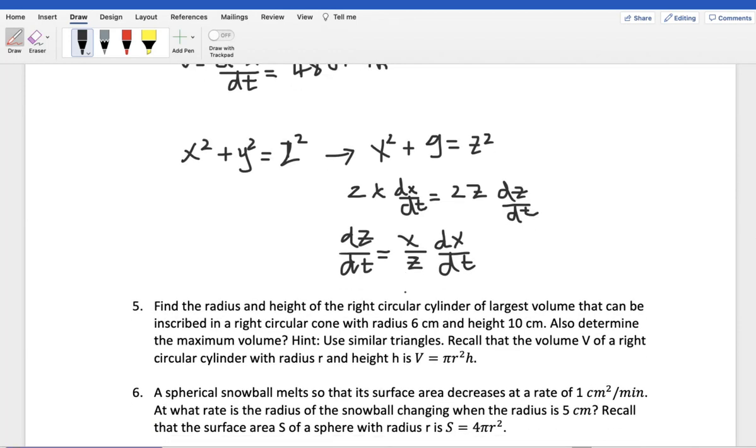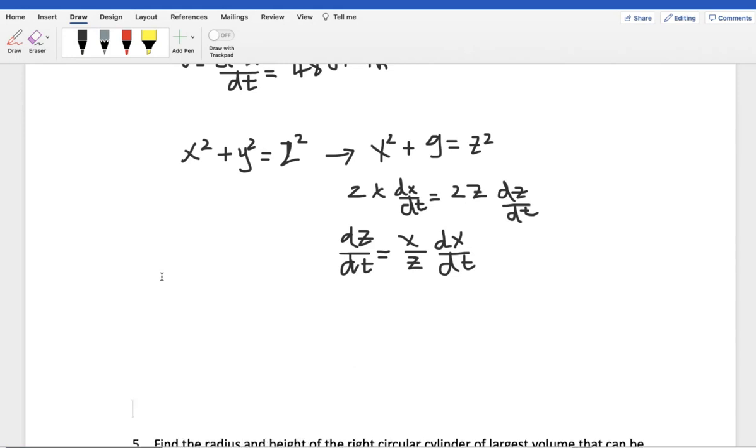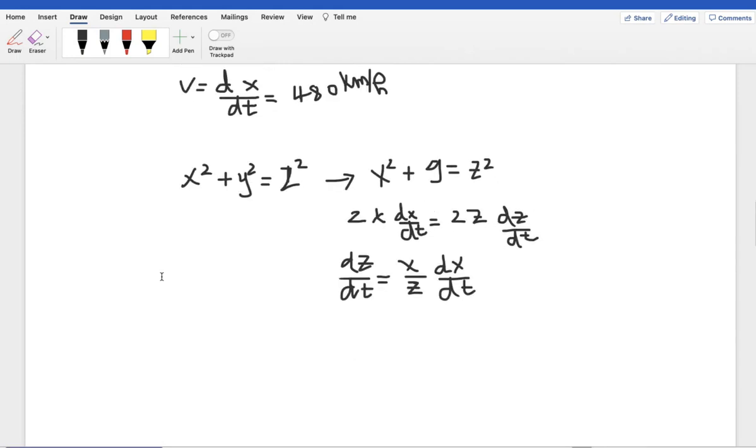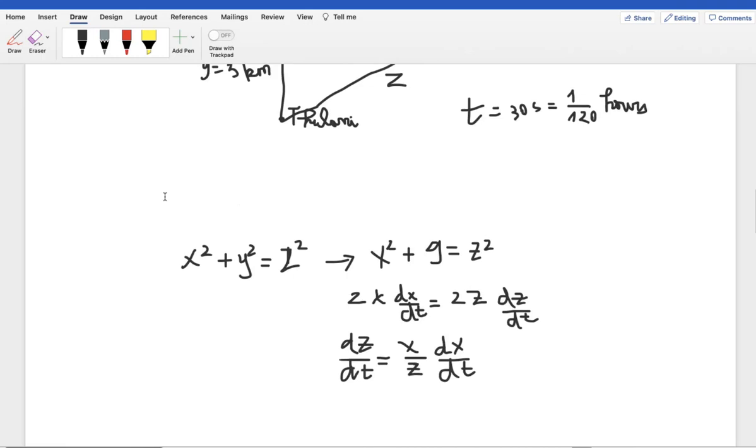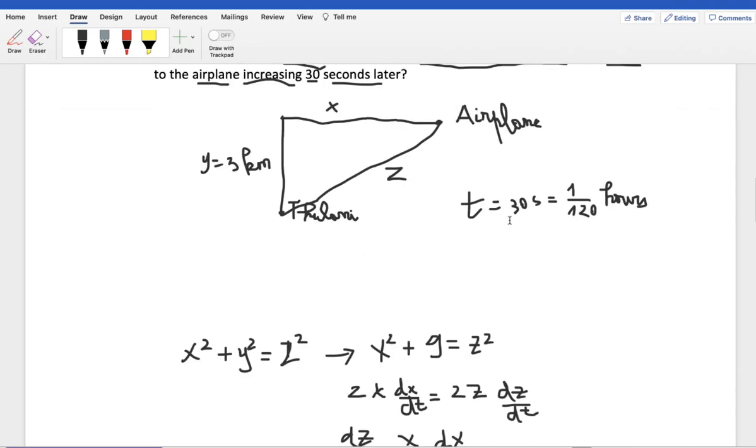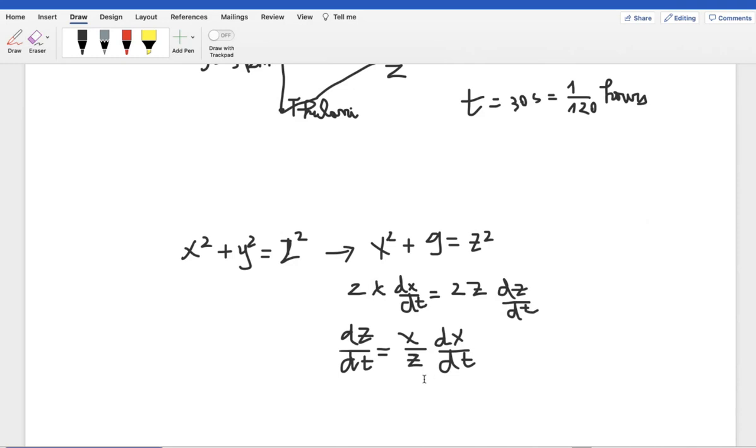Now, we know, right? So let's make some room first. So we know that we need to find, at this time t of 30 seconds, what is x, what is z, and what is dx dt to find the change in z over time, right?